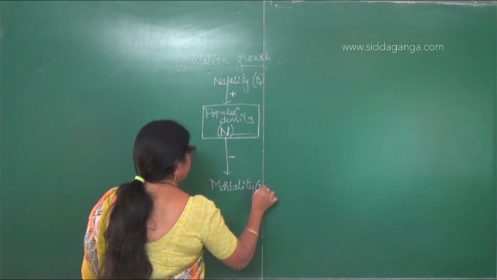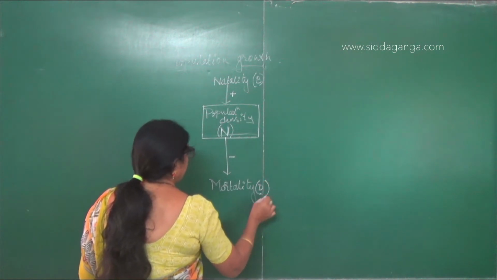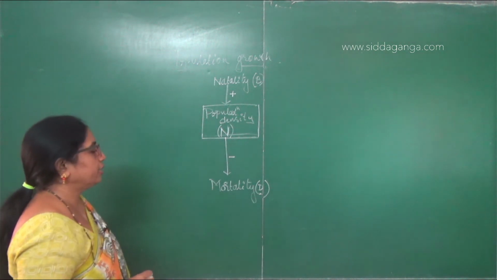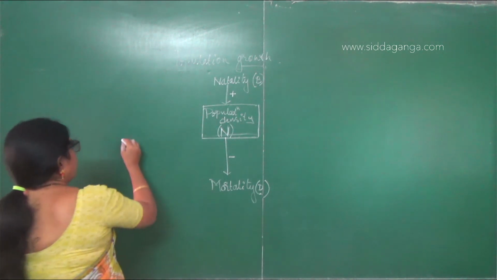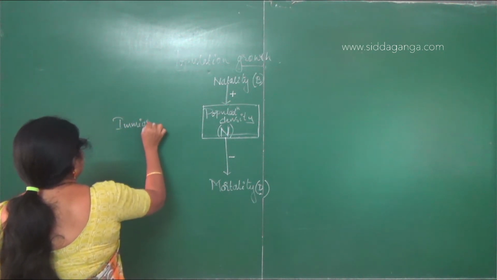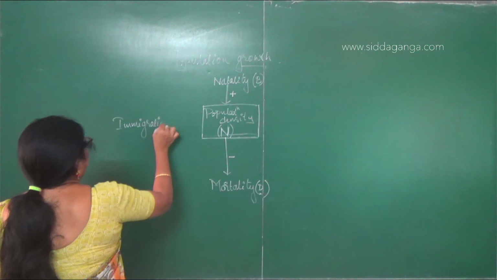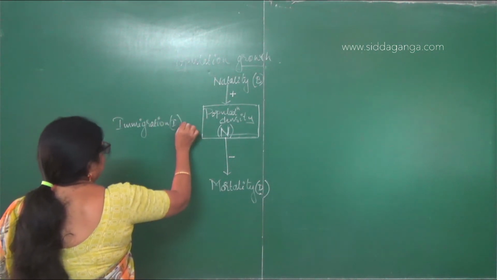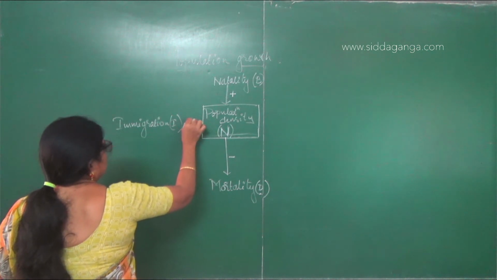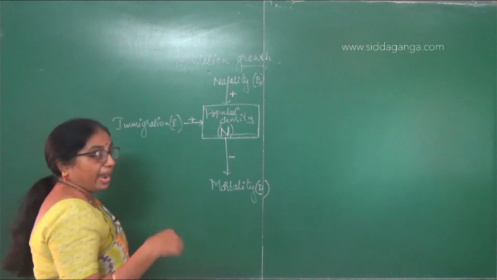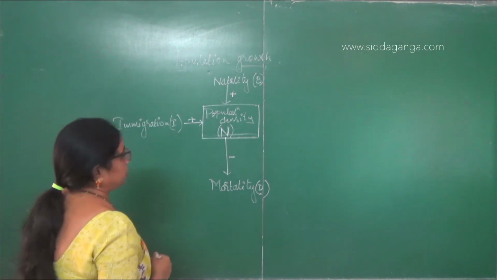Therefore, we represent mortality with capital D. And one more process is immigration. Immigration adds individuals to the population and it is represented as I, which will also increase the population density.